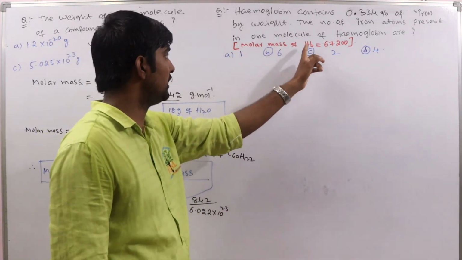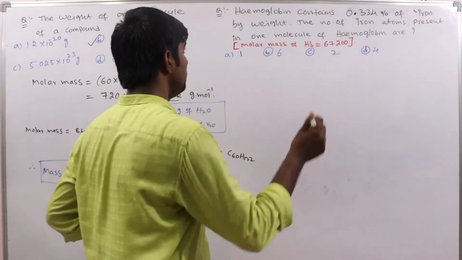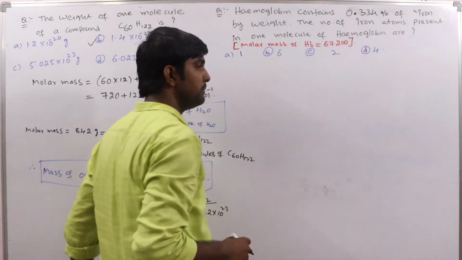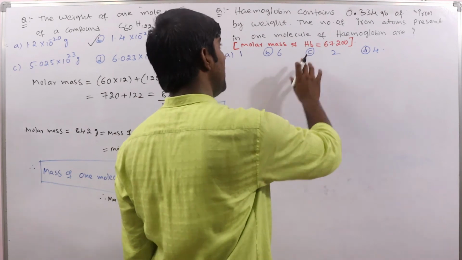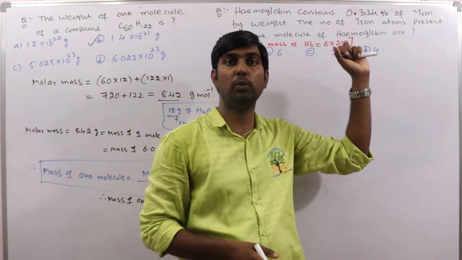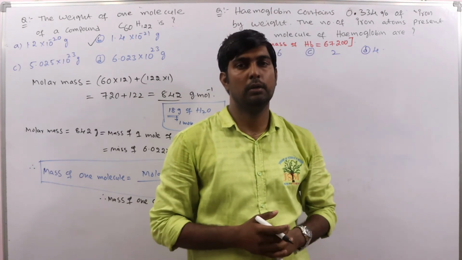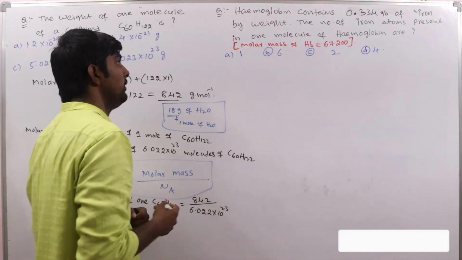Here the molar mass of hemoglobin is provided. This is how to solve this type of problem when the mass percentage of a particular element in a compound is given. I already made a video on this, explaining in detail the formula and how to calculate with important model problems. I will give the link in the description if you want to watch it.